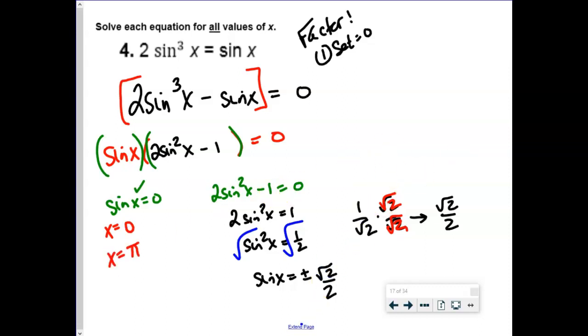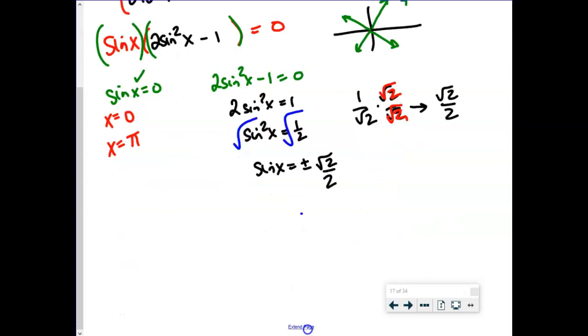Oh my goodness. Sine, positive or negative, square root of 2 over 2. That's everybody in what family? It's everybody in the pi over 4 family, isn't it? So, oh boy, here we go. I'm going to list them over here so they're underneath each other.